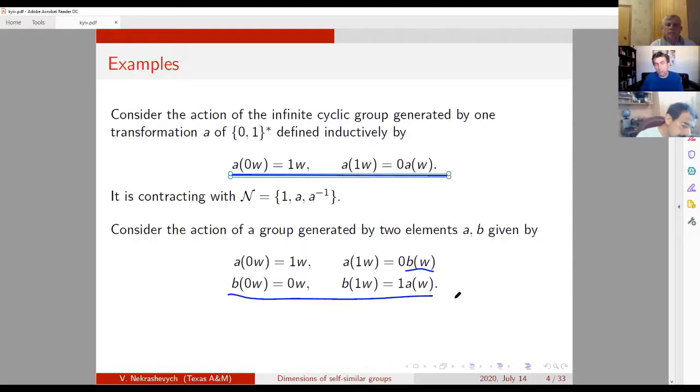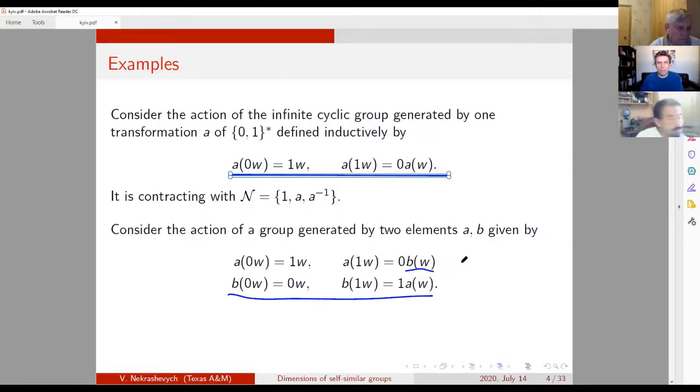And so they will generate some group. And surprisingly, in this case, the group is very weird, very complicated. It's not a free group. It's not a group which you will see before in classical group theory. So self-similar groups are rather complicated usually.